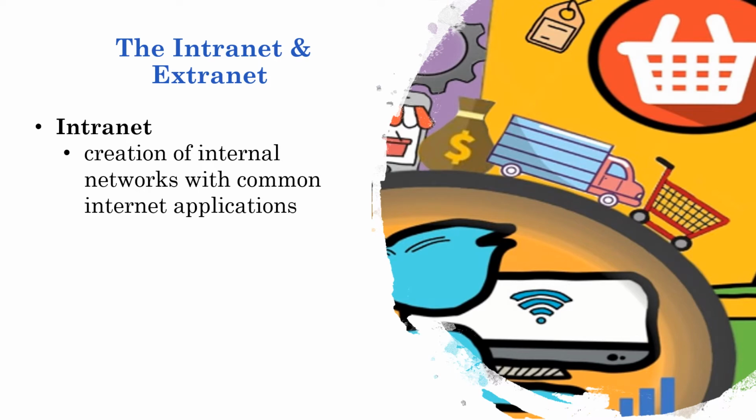Like the internet, the intranet uses network technologies such as TCP/IP, otherwise known as Transmission Control Protocol or Internet Protocol. So it allows for the creation of internal networks with common internet applications that can communicate with the different operating systems.